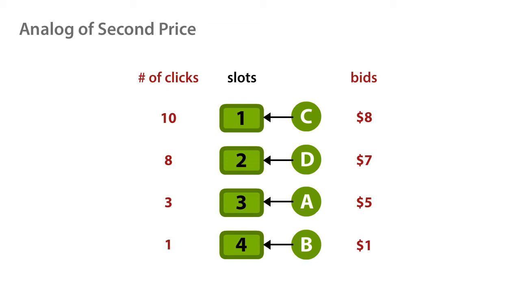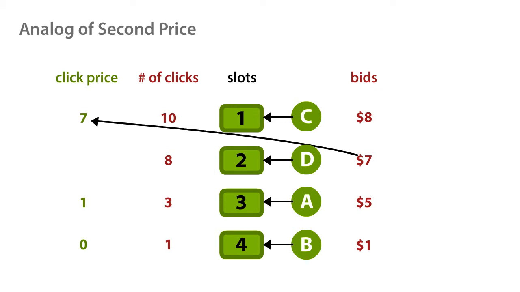So the top slot went to advertiser C with a bid of 8. But he didn't actually have to bid 8 to get the top slot. It would be enough to bid anything above 7, and that would have put him above advertiser D. So what we're going to charge him is this lowest bid. He could have bid 7, the next highest bid. That would keep him in the top slot.